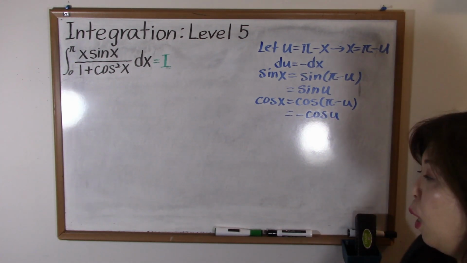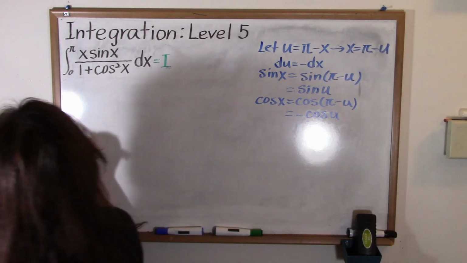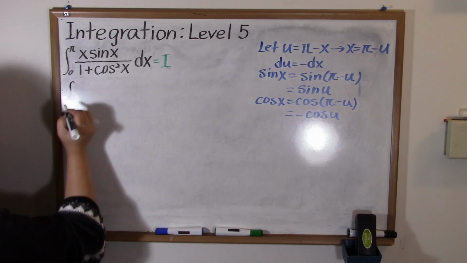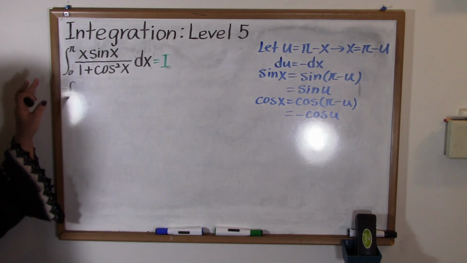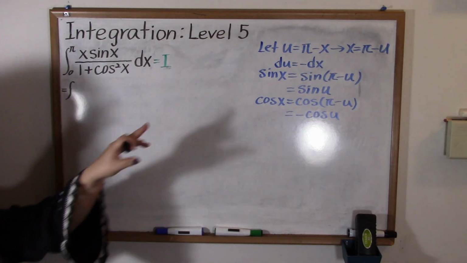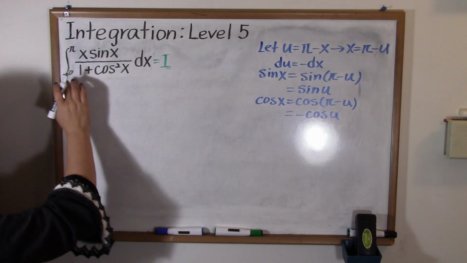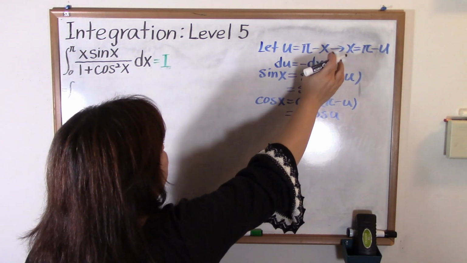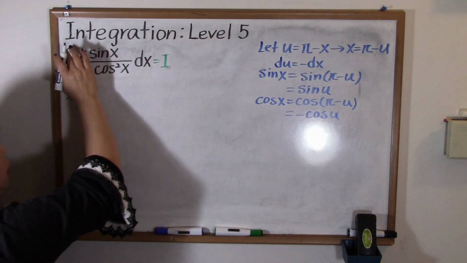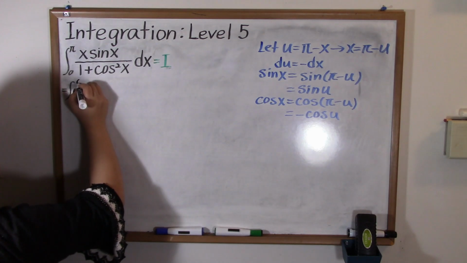Okay? So now we can replace everything here. So it's equal to integral. So bounds are going to be different with respect to u. So lower limit 0, pi minus 0, which is pi. So upper limit pi, pi minus pi, which is 0.